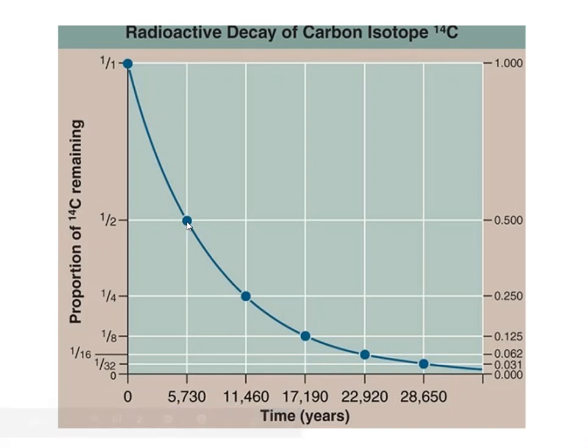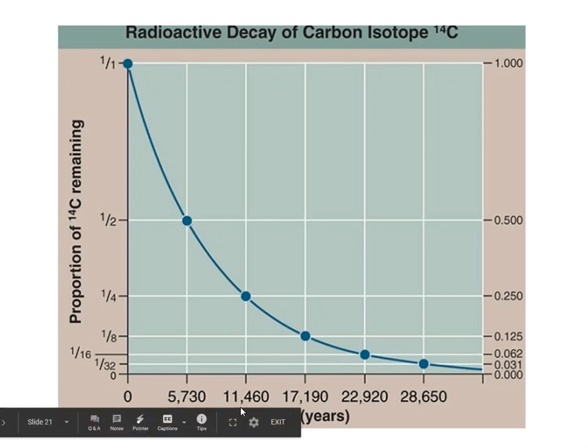But what if you found it and it had only 1/4 of its original carbon 14? So you had all of it, then you had half of it, and when you take half of a half, you get a quarter. So now you've got two half-lives that passed. One, two. How old is it now? 11,460 years.